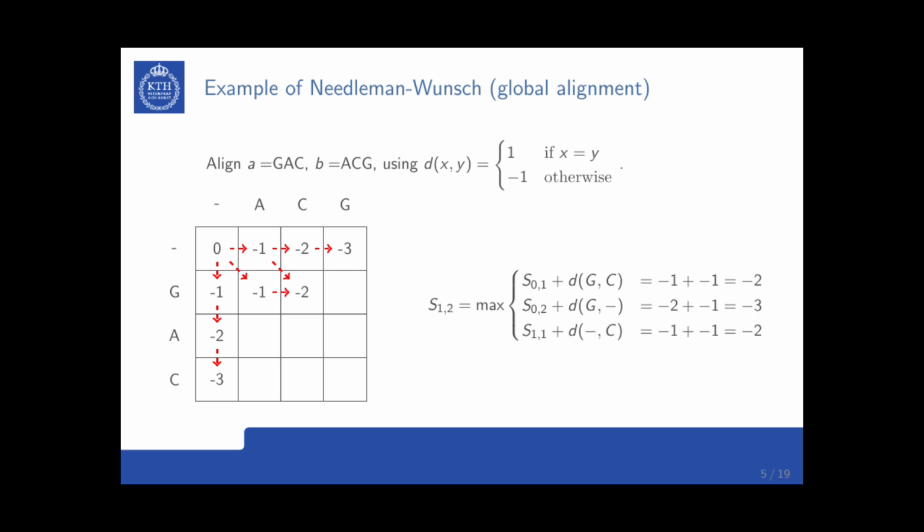Okay, next position. So we want to calculate S12. Again, we can use this recursive formula. So we look at S01, which is -1, and add a mismatch penalty of -1 to that. That ends up being -2. We can as well look at the gap penalties together with the other two positions.